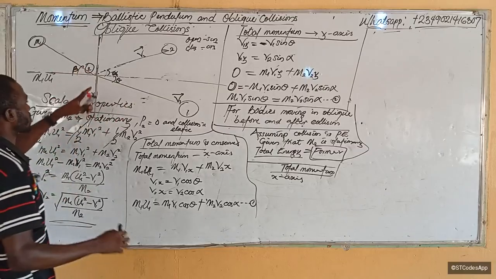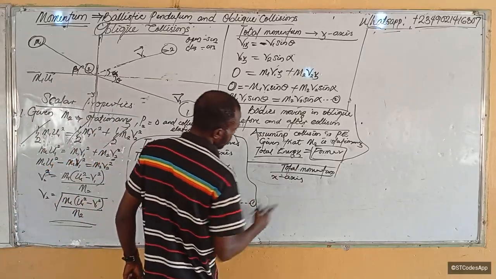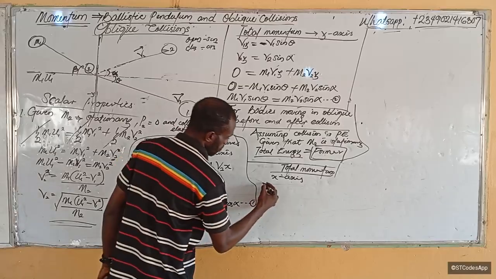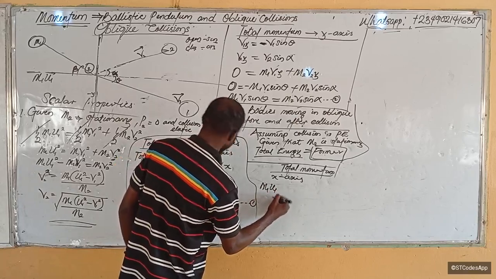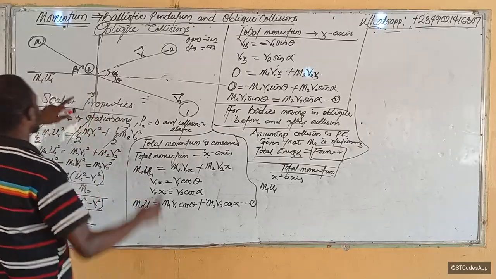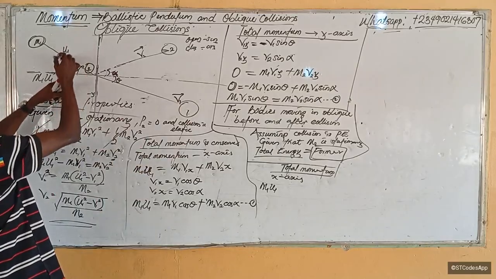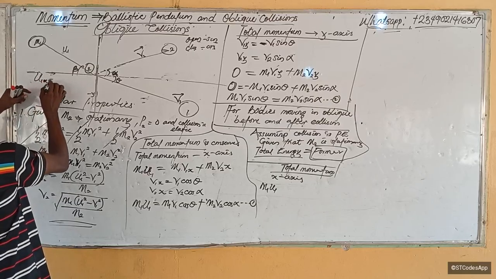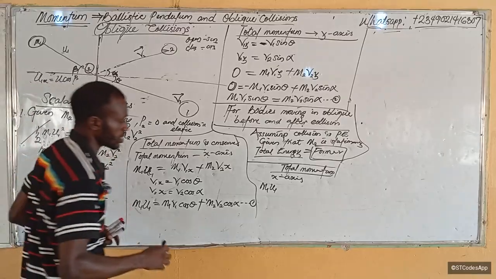So when they hit each other, total momentum before collision will be, since body 2 is stationary, M1U1 cos theta. We have to first analyze the x-axis, so it is cosine. If this is U1, then U1 sub x will be equal to what? U1 cos beta. Is it clear now?